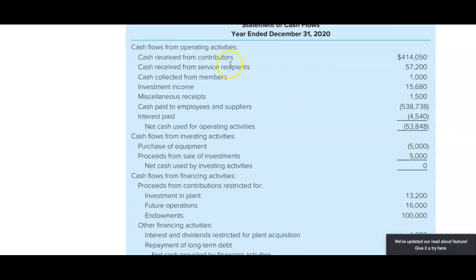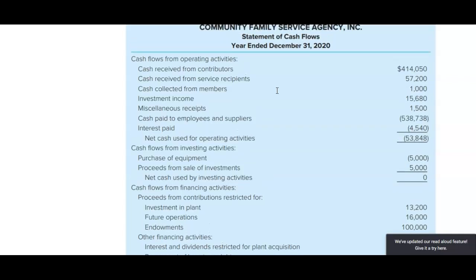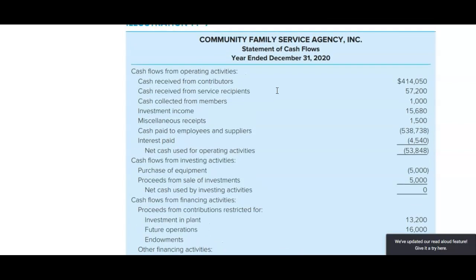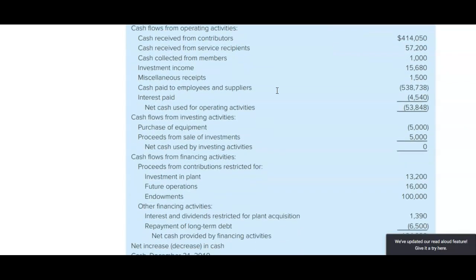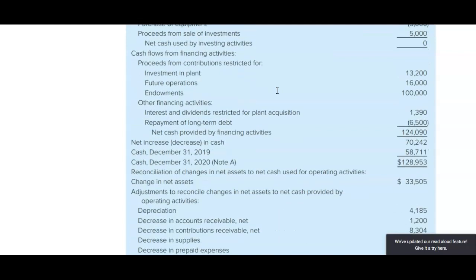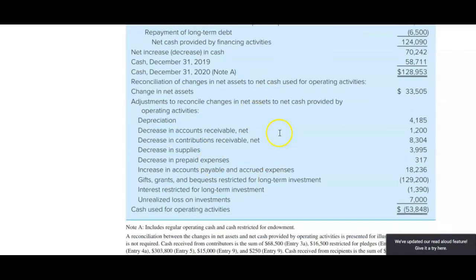This cash flow statement, if you look at the first section, is done using the direct method. Nonprofits are one of the only entities that now can use the direct method and not have to do the reconciliation, which is down here, which is essentially the indirect method, right?